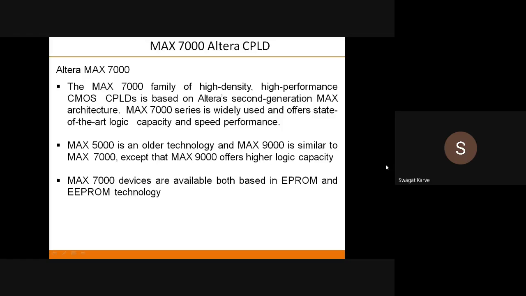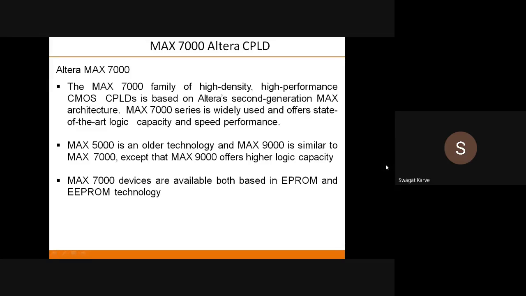Now we will first discuss the MAX 7000 Altera CPLD, right? What is the speciality of the MAX 7000 Altera CPLD? This MAX 7000 family is a high density, high performance CMOS CPLD based on Altera's second generation MAX architecture.